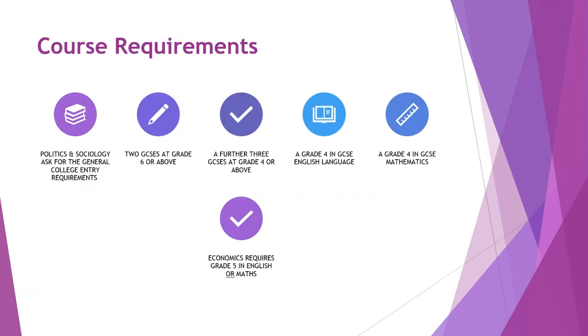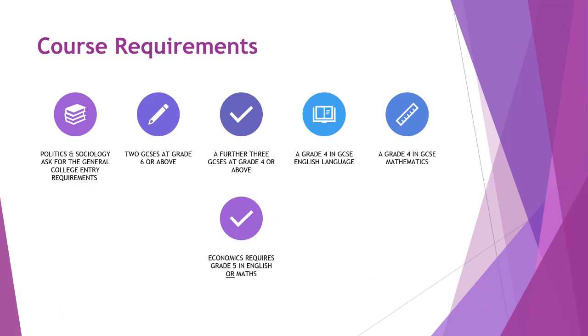Okay, so what are the course requirements for the three subjects that the social sciences offer? In terms of politics and sociology, it's the same as a college entry requirement, that is, you need 2 6s or above at GCSE and a further 3 GCSEs at grade 4 or above, ensuring that you also get at least a grade 4 in both English language and mathematics.